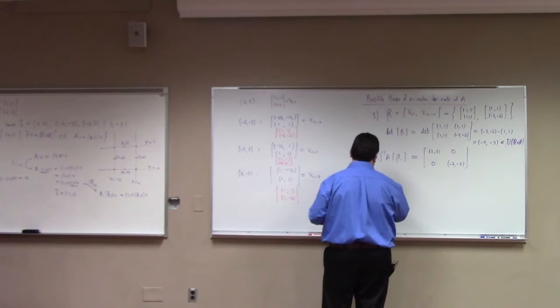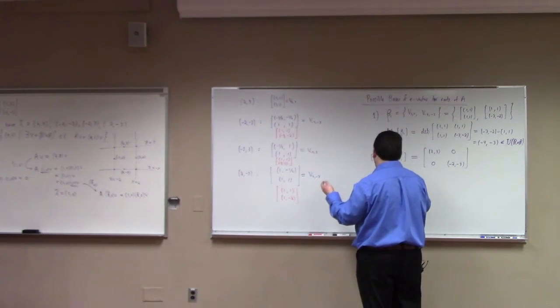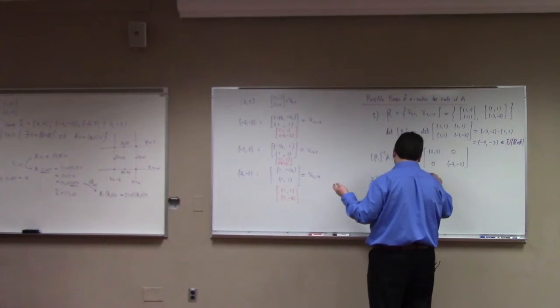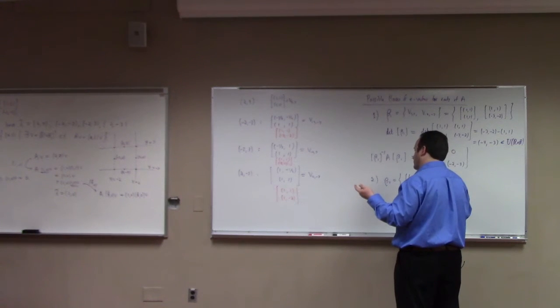What's number two? The last two, so beta 2. So like 1, 1, minus 3, 1, and 1, 1, 1 minus 2.